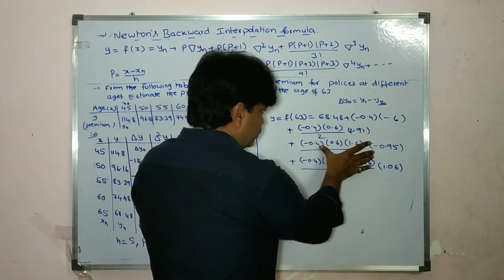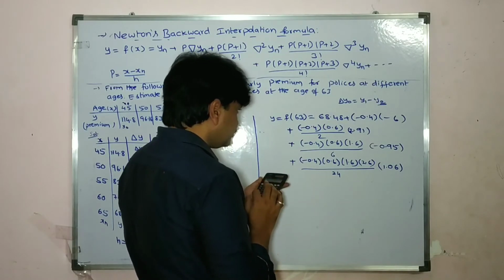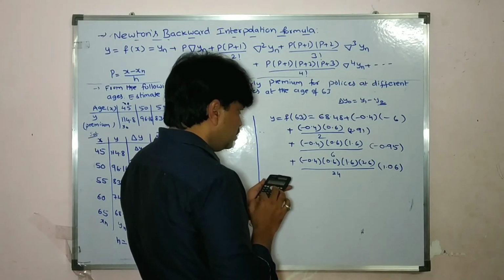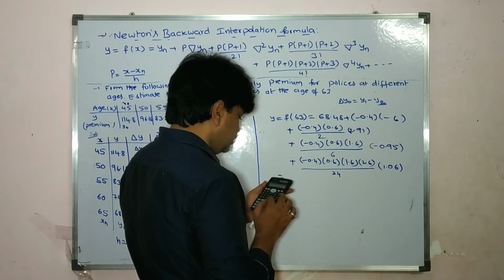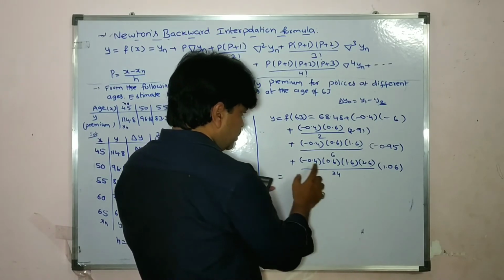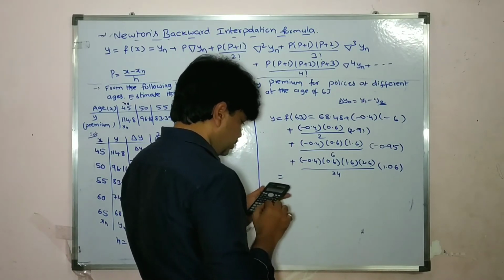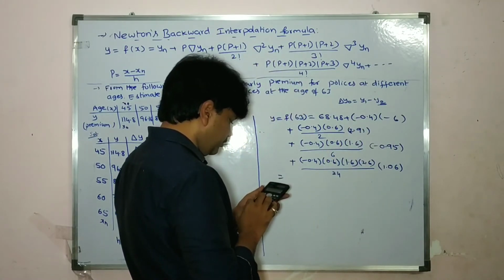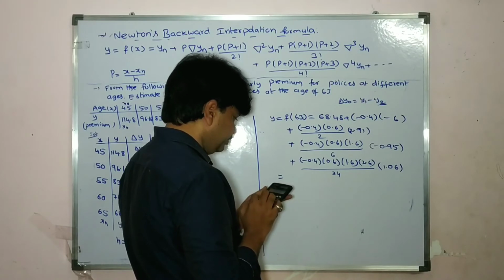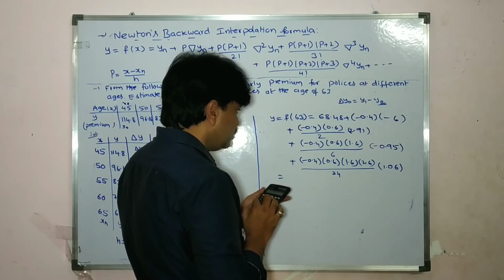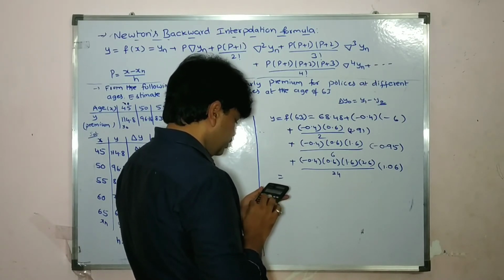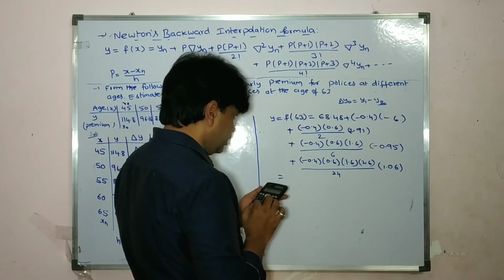We write all four values in the bracket: 0.4 into 0.6 into 1.6 into 0.95, bracket close, divided by 6. Again minus, minus into plus into minus, five values in the bracket: 0.4 into 0.6 into 1.6 into 2.6 into 1.06, bracket close, divided by 24.